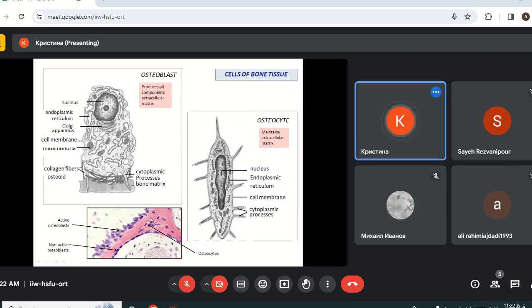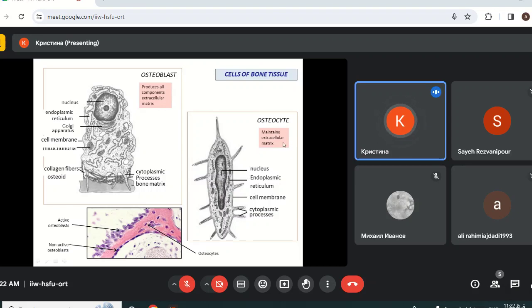How does it happen? It happens during the production of extracellular matrix by the osteoblasts. Osteoblasts produce extracellular matrix around themselves, and they gradually embed themselves inside the bone. And when they are embedded inside the bone, they become osteocytes, and they cannot produce extracellular matrix anymore.